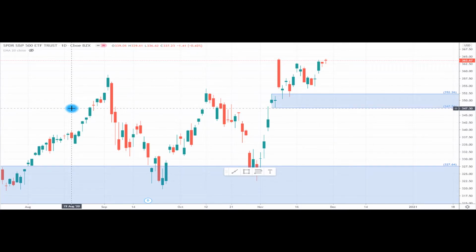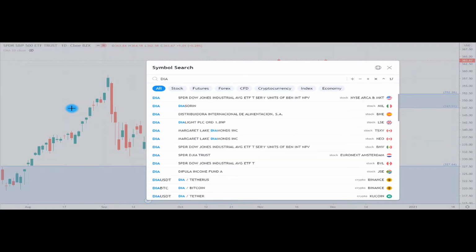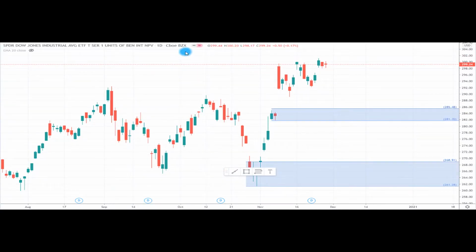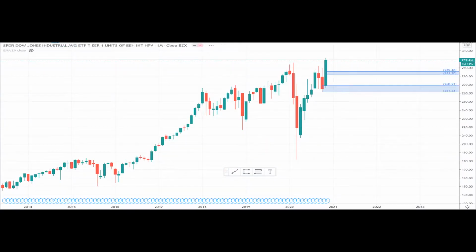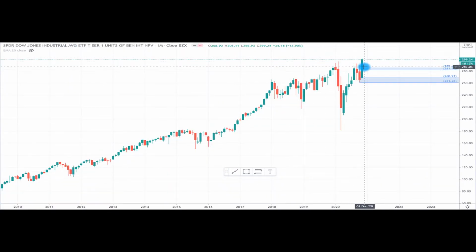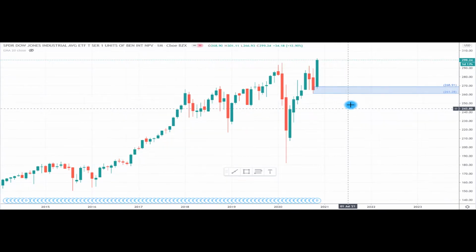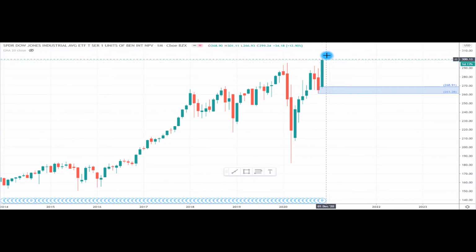The next market we will be taking a look at is the Dow Jones Industrial, the top 30 US companies in the world. Going back to our monthly, same thing with the Dow. Basically it looks the same as the S&P 500.